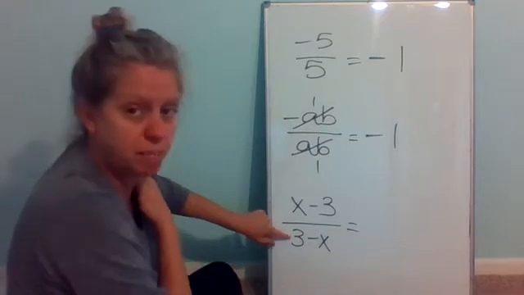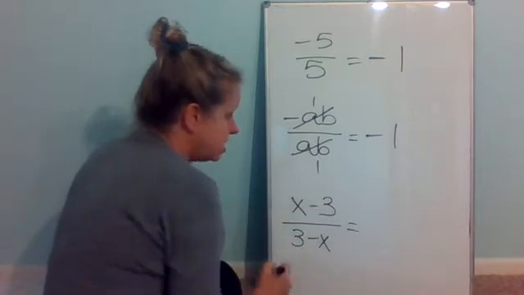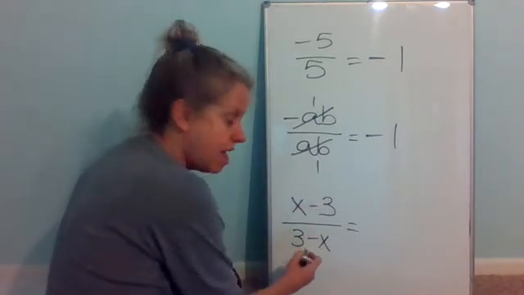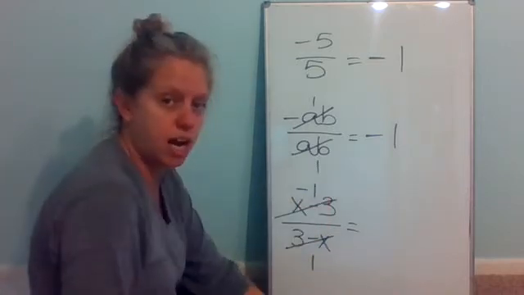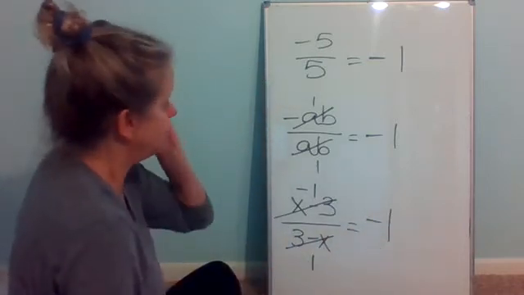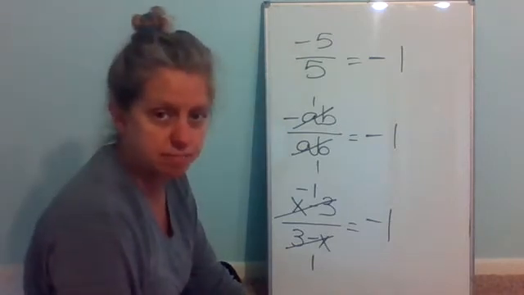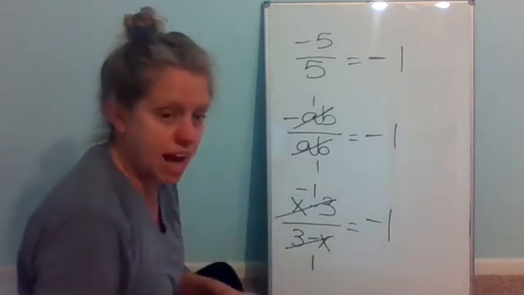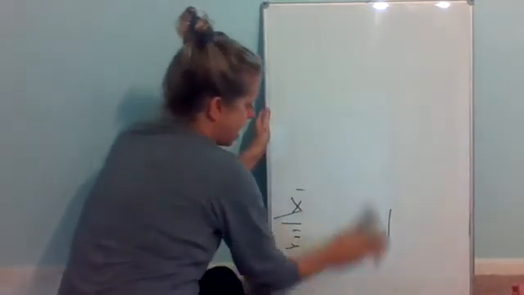What is your 3 in the bottom? It's positive, which means the top is the exact opposite of the bottom. This cancels out and makes a -1 over 1, which makes it -1. So again, the top and the bottom are opposites. That makes a -1 over 1. So let's keep that in mind on problems like number 9.